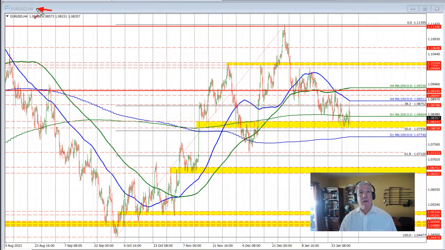So let's take a look at some of the technicals in play for our major currency pairs. We'll start with the euro versus US dollar. Looking at the 4-hour chart, the price moved below the 200-day moving average.